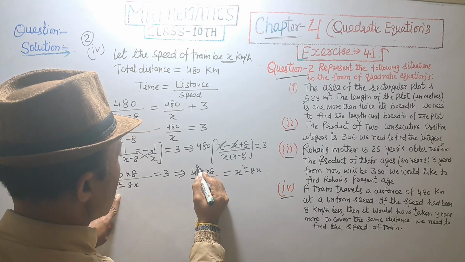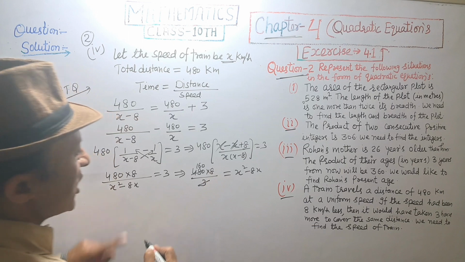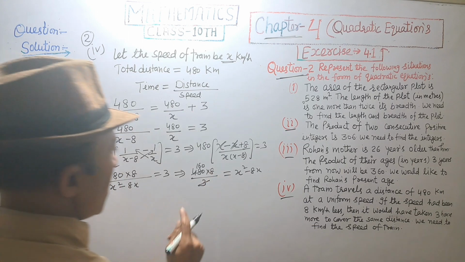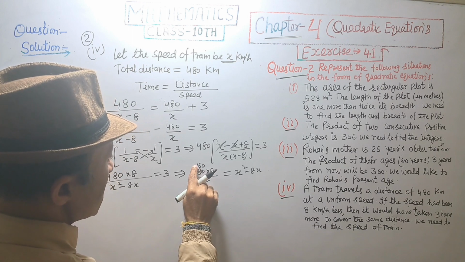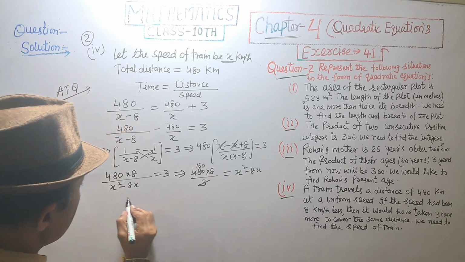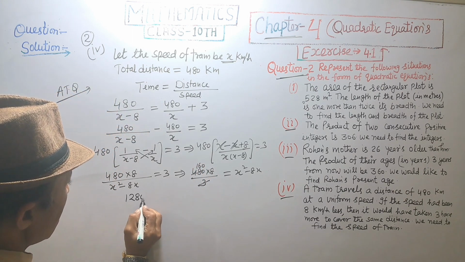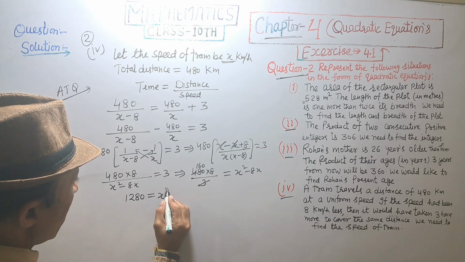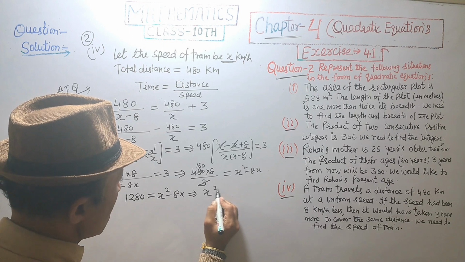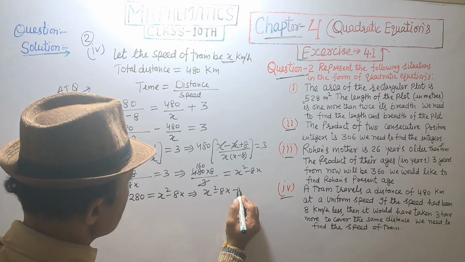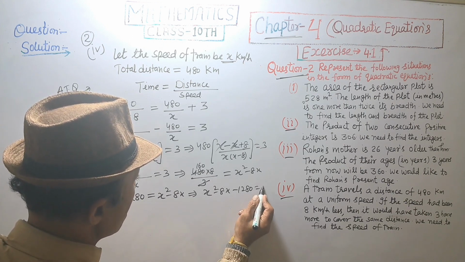This is cancelled by 160, and 160 multiplied by 8, 16 eights are 128, so 1280 is equal to x square minus 8x. This implies x square minus 8x minus 1280 equal to 0.